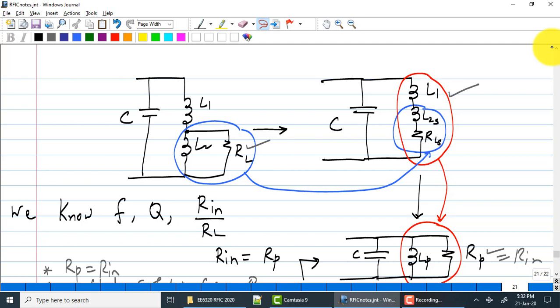Is the Q of the blue circle portion the same as the Q of the red circle portion? It's not. The resistance value is the same, inductance value is different. So you cannot use directly those Q expressions, unless you find some way around it.